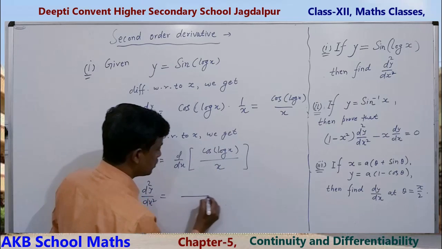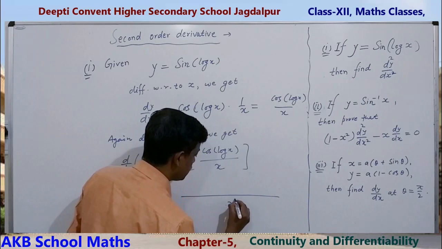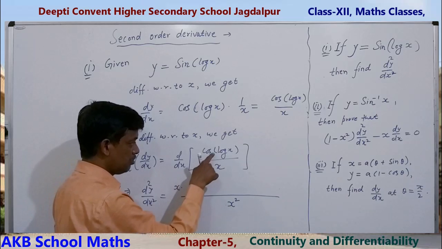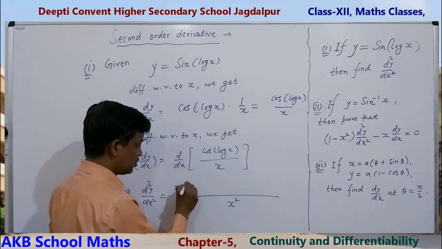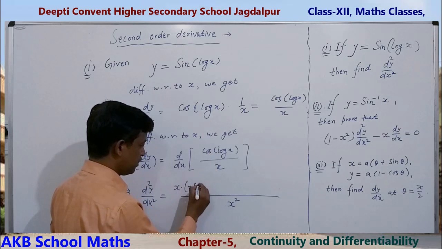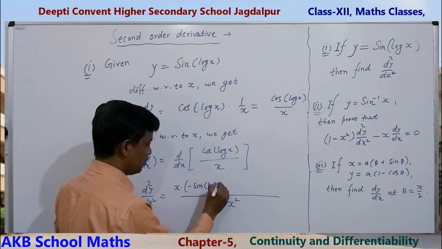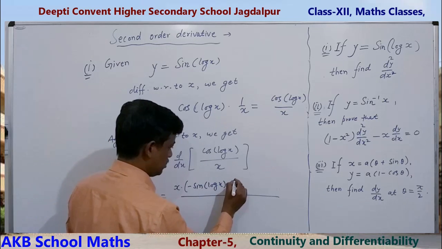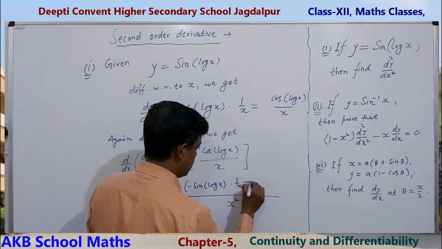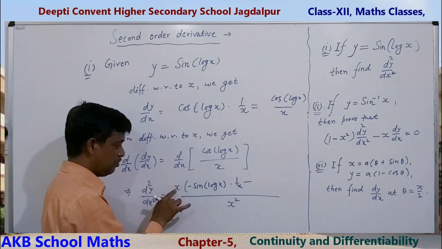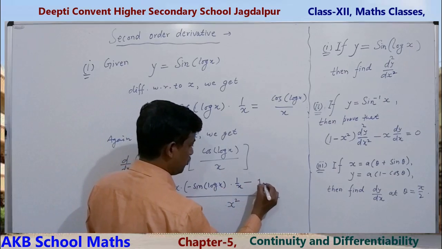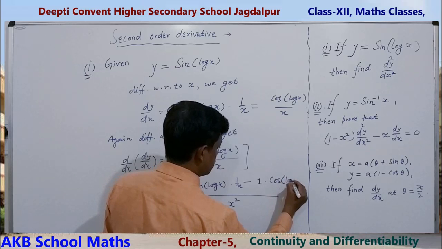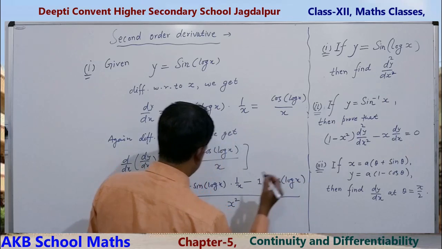The division rule means how do you differentiate? Denominator into derivative of numerator, minus the derivative of denominator into numerator, over denominator square. So minus sine of log x into the derivative of log x, 1 by x, minus the derivative of denominator x, which is 1, into the numerator cos of log x. Okay, this is the derivative.